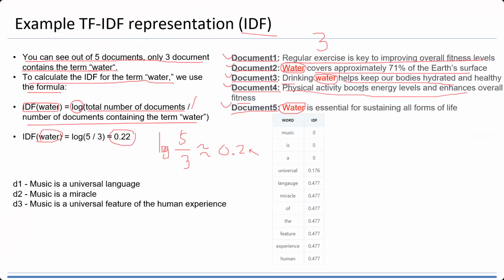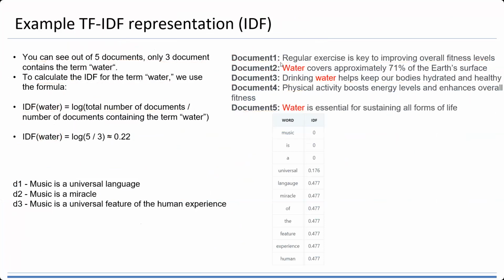So we can apply the same for this example into the documents that we have here. Music is a universal language. So for music, how many documents does it appear in?